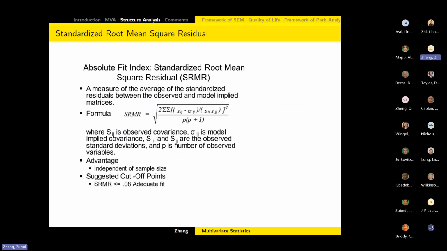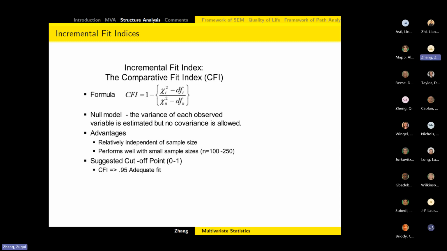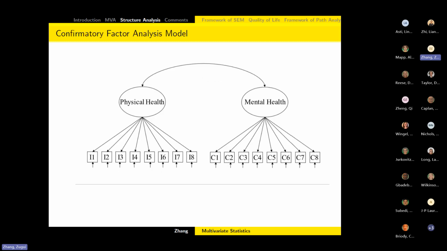So this is the way for us to get the standardized root mean square residual. Usually we recommend 0.08 as a cutoff point for adequate fit. This is the incremental fit, the CFI. For the CFI, it should be greater than 0.95 for adequate fit.